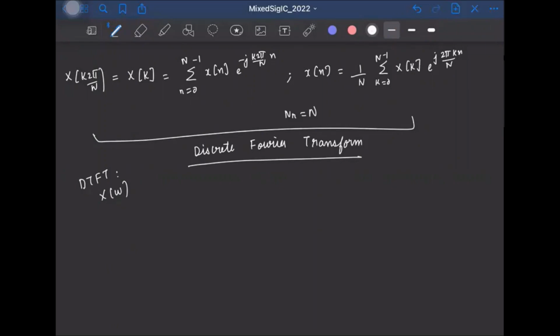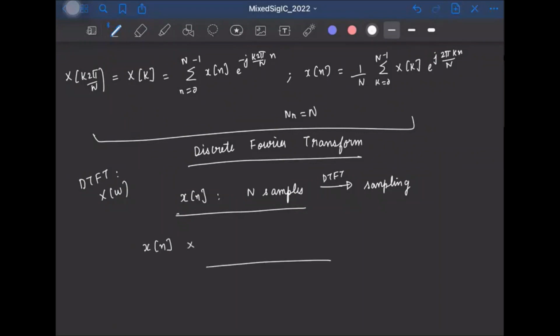Okay. So what happens in a discrete Fourier transform? Well, we are taking the x of n, recording it only for n samples, right? And then finding the discrete time Fourier transform of it, and then sampling it, right? And this act of limiting this, that is recording the signal x of n for n samples, can be thought of as multiplying the signal x of n with a signal like this, right?